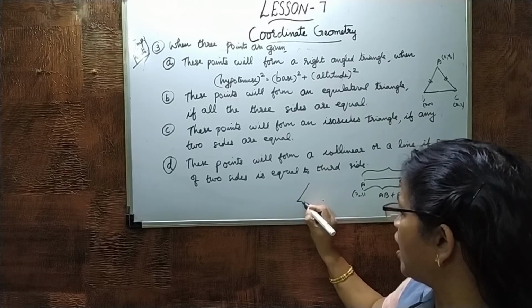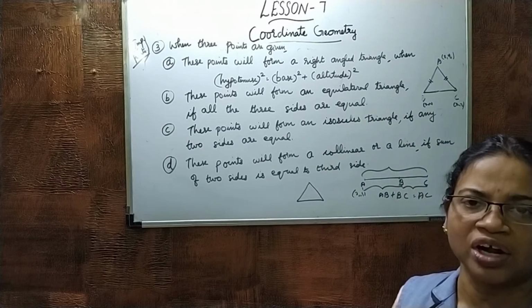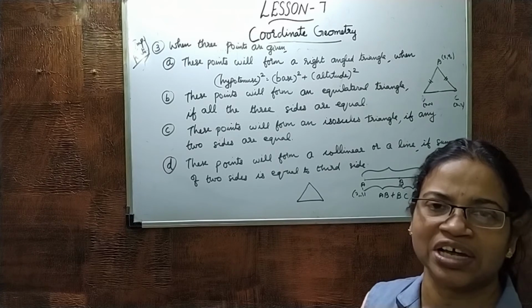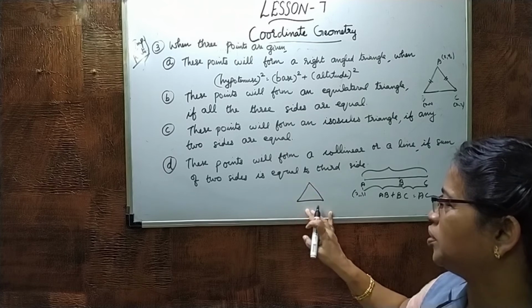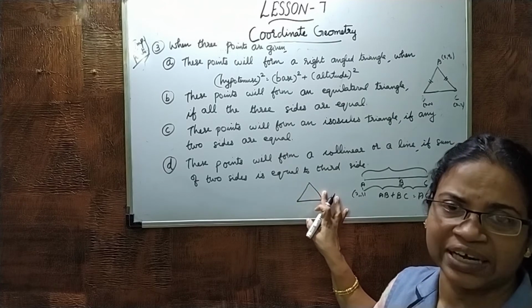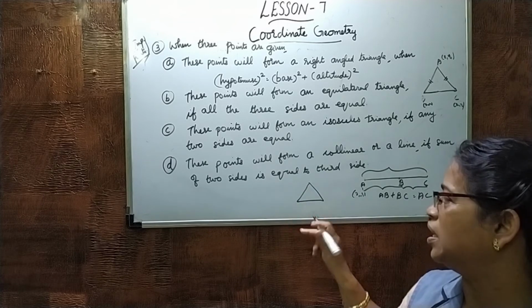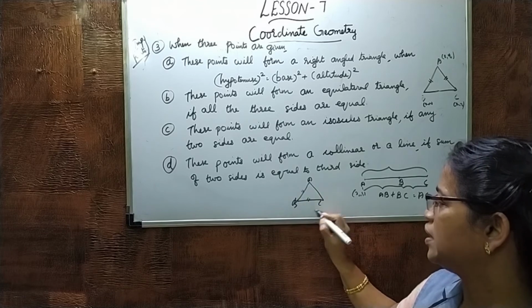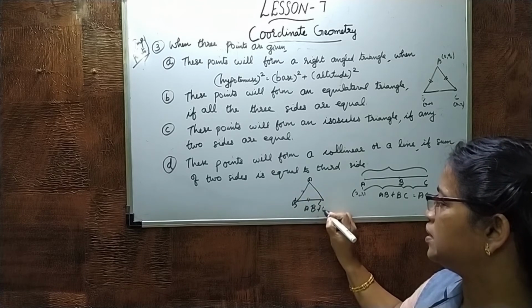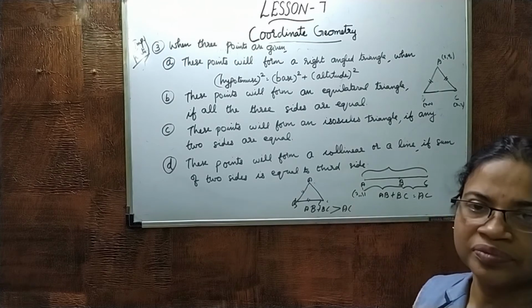Now what about a triangle? 3 points I had given you. How will you find out whether they form a triangle or not? You have studied in 7th standard, what they told you? The sum of the 2 sides should be greater than the third side. Then we can say that it forms a triangle. AB plus BC should be greater than AC.